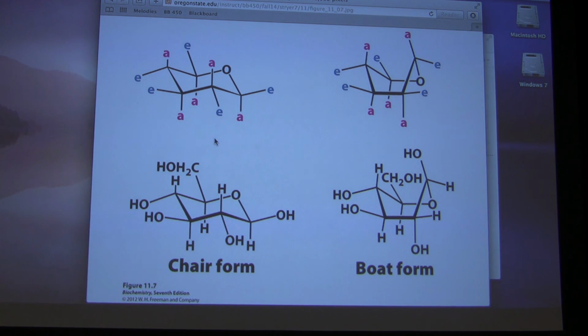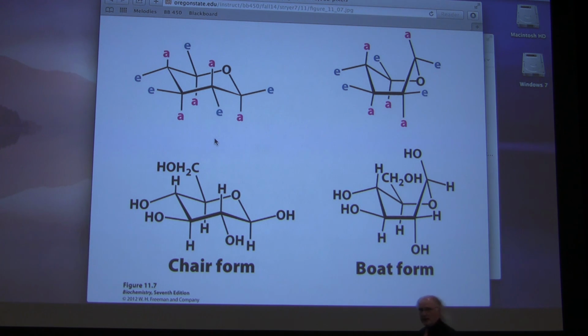The same sugar. This is called the chair form because if we draw it out, it looks kind of like a chaise lounge. There's the back of the chair, there's where your butt goes, and there's where your feet go down there. The boat form looks like the sides of a boat. As you can sort of see, the boat form is more sterically hindered than the chair form.